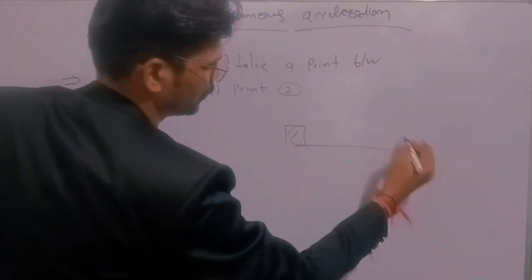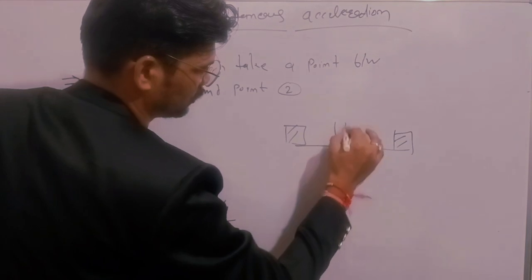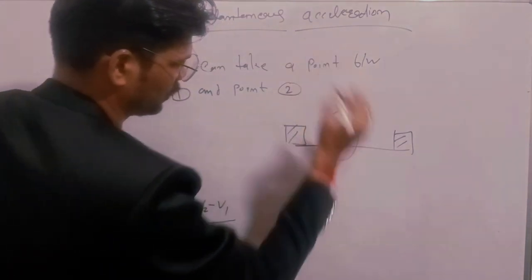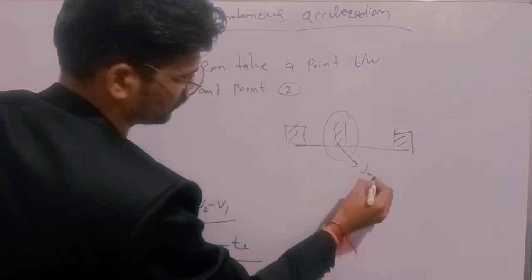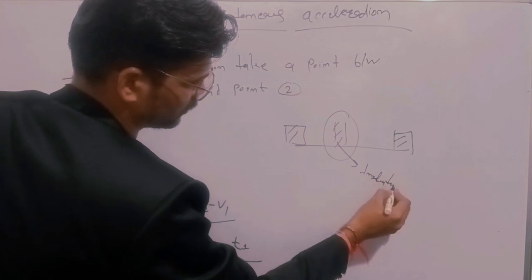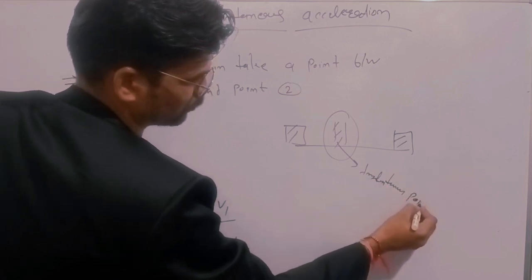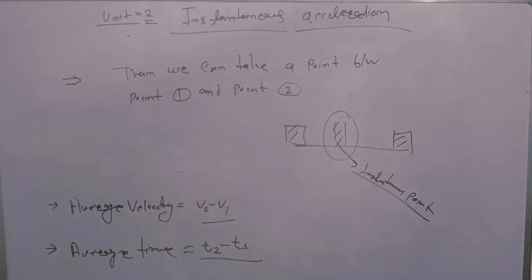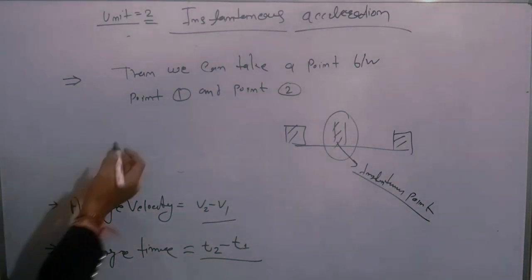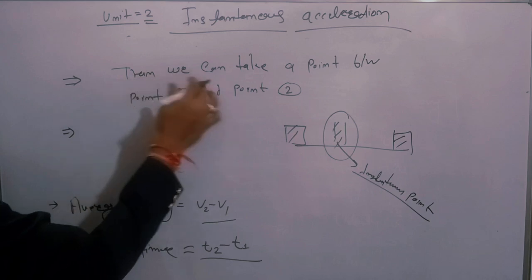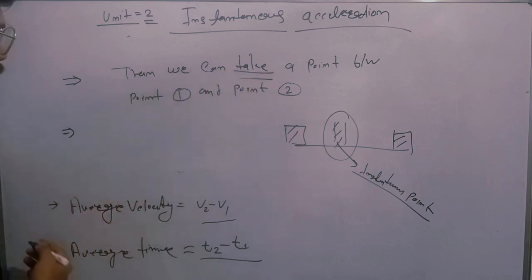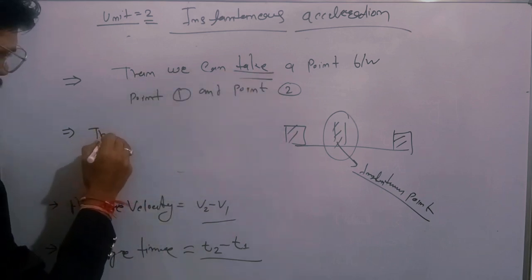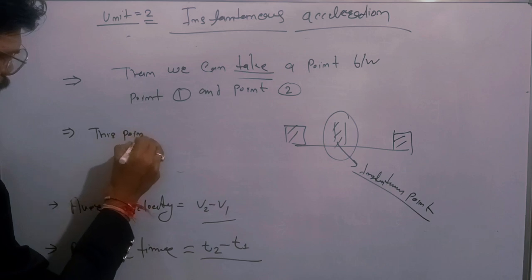This is a checking point. This is an instantaneous point. So we can take a point between 1 and 2.